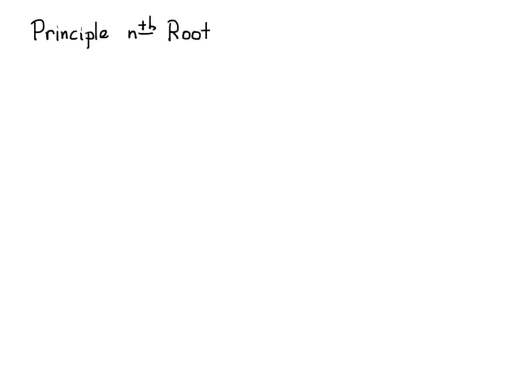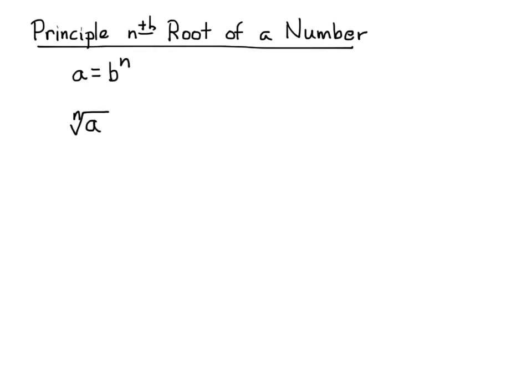Now notice that when we have negative 3 squared, that will equal 9. So by the definition I just gave you, we have negative 3 as a square root of 9.